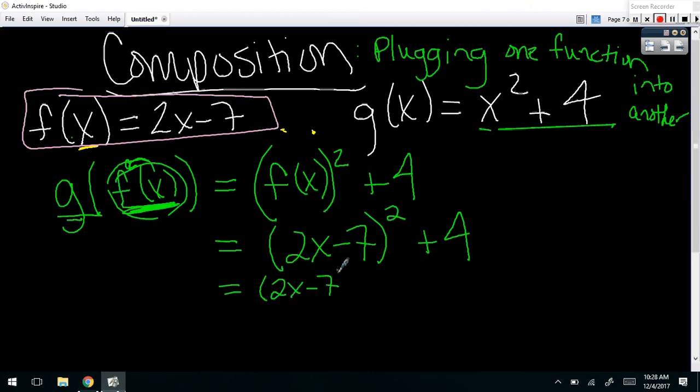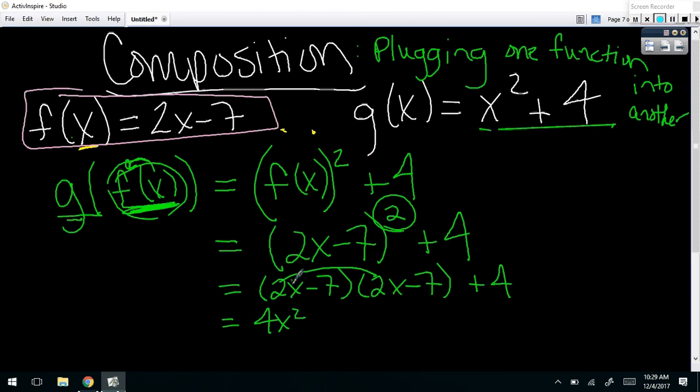You would have to FOIL it. It's to the second power, and there's a subtraction in the middle, which means I can't distribute that exponent. So 4x squared, minus 14x, minus 14x, plus 49.